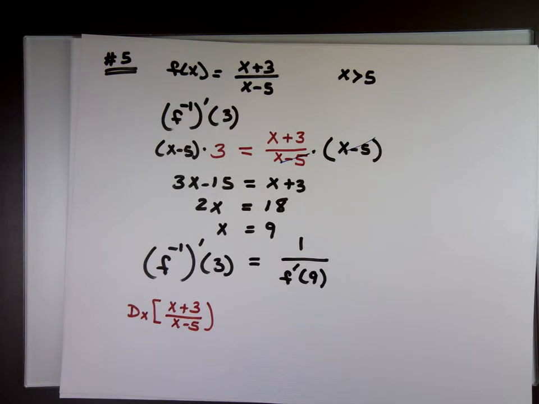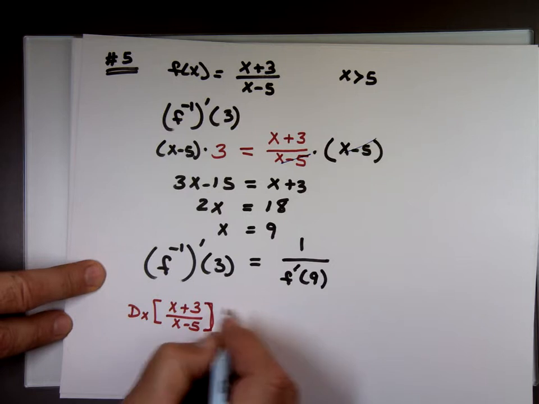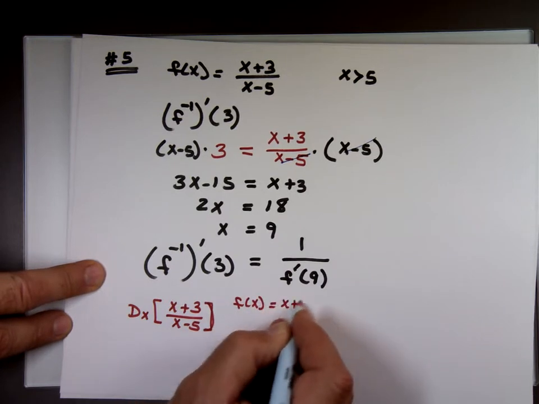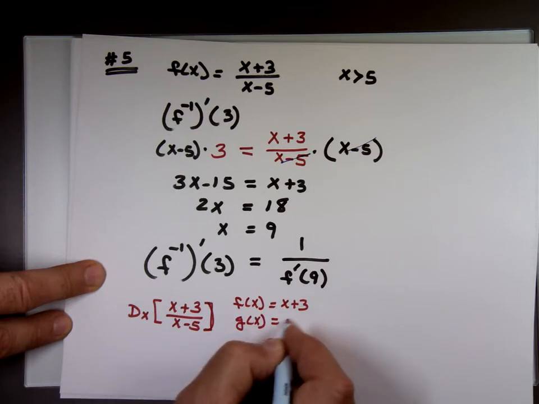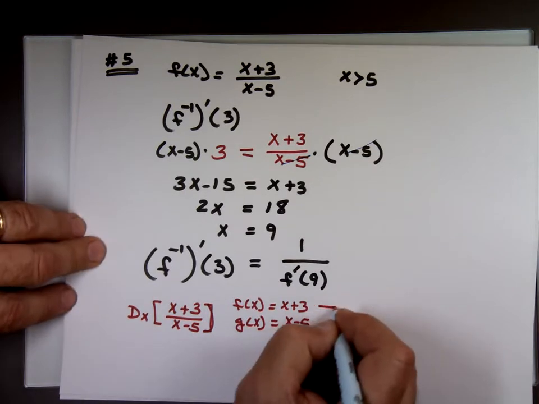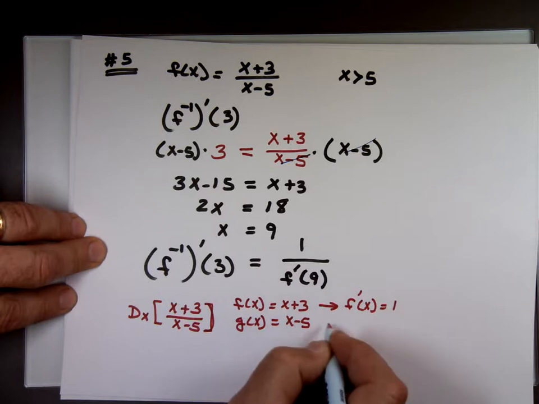What method are we going to use here? Quotient rule, yep. F is always the top. G is always the bottom. Derivative f is 1.